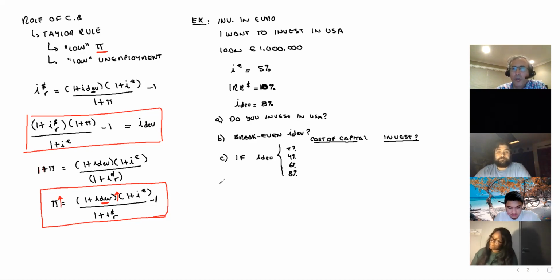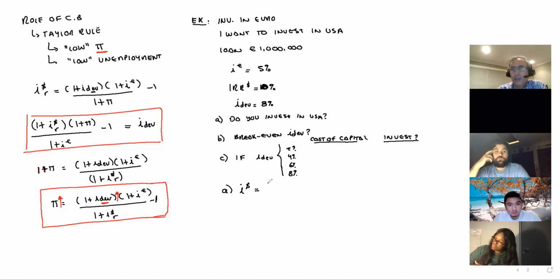Okay, so we do it or we don't do it? We do it. Okay, so let's do A first. I need to see what my cost of capital is, first of all. As soon as I don't have inflation, my cost of capital in dollars is going to be all in current terms, so I don't need to do anything with this number.